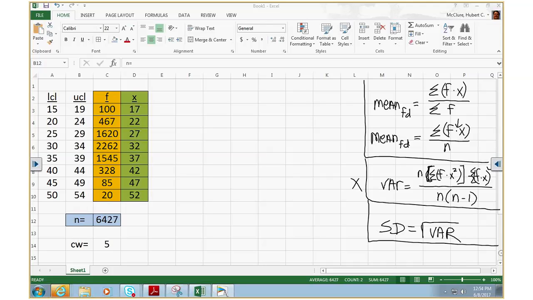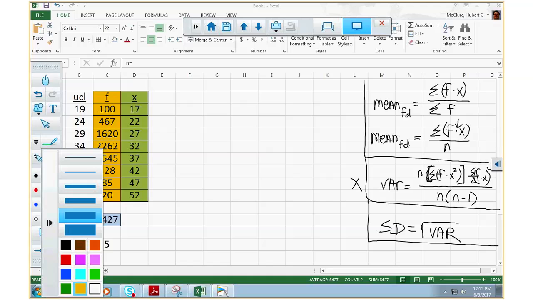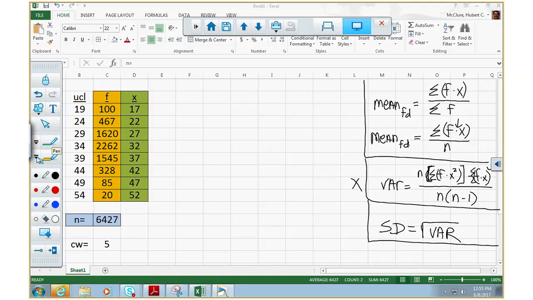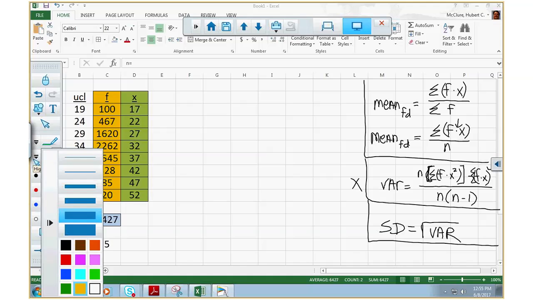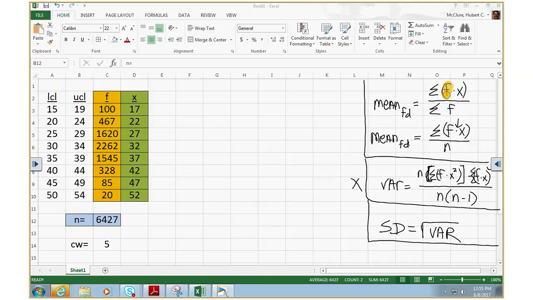All right, so we need a column right here. I tell you what, let's go through and take the handy dandy highlighter. We're going to do yellow. Yellow is F. Here's F, there's F, there's F, there's F, there's F. Okay, so all those F's are there.